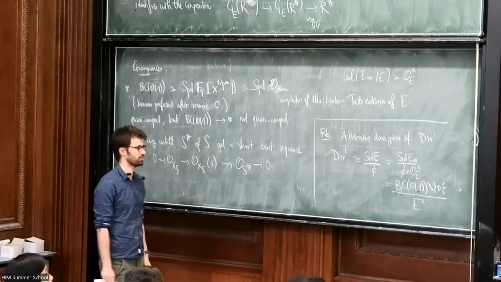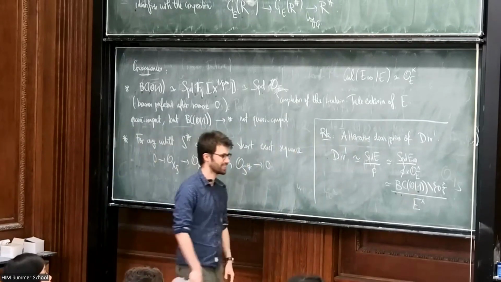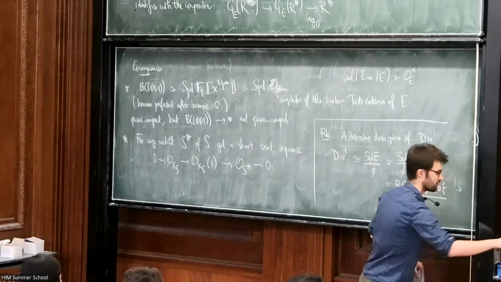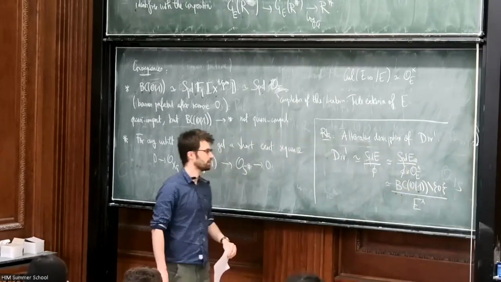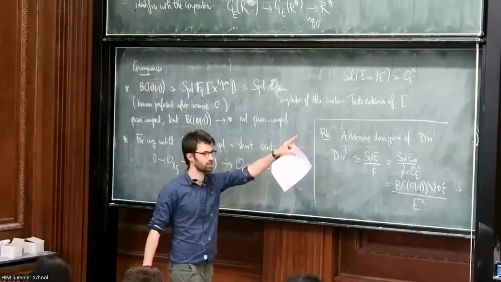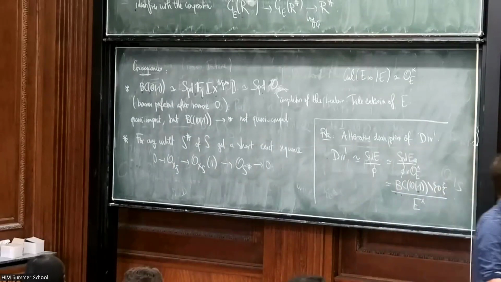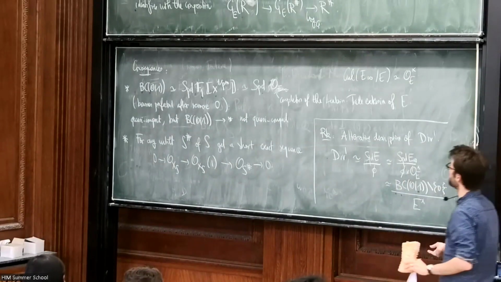So it's like what a usual Cartier divisor of degree 1 would be. And these kinds of identifications play a big role in this paper of Fargues that I mentioned at the beginning.